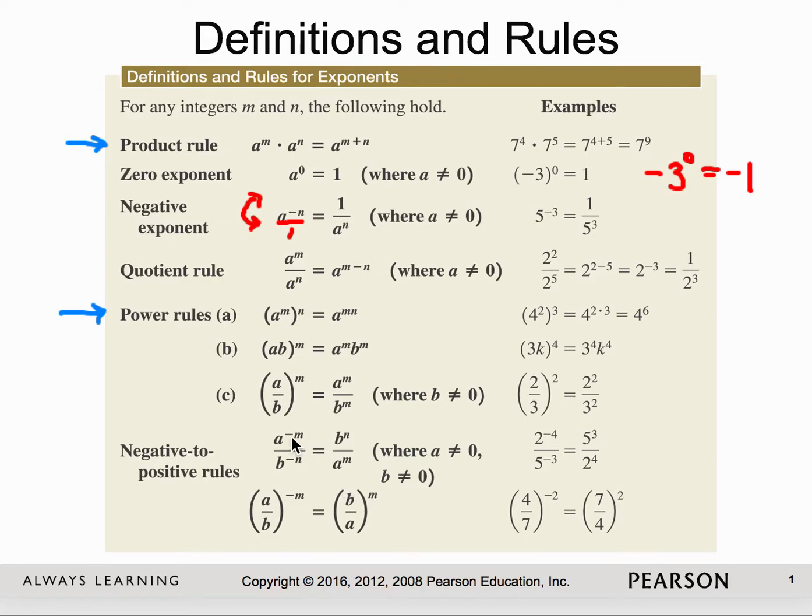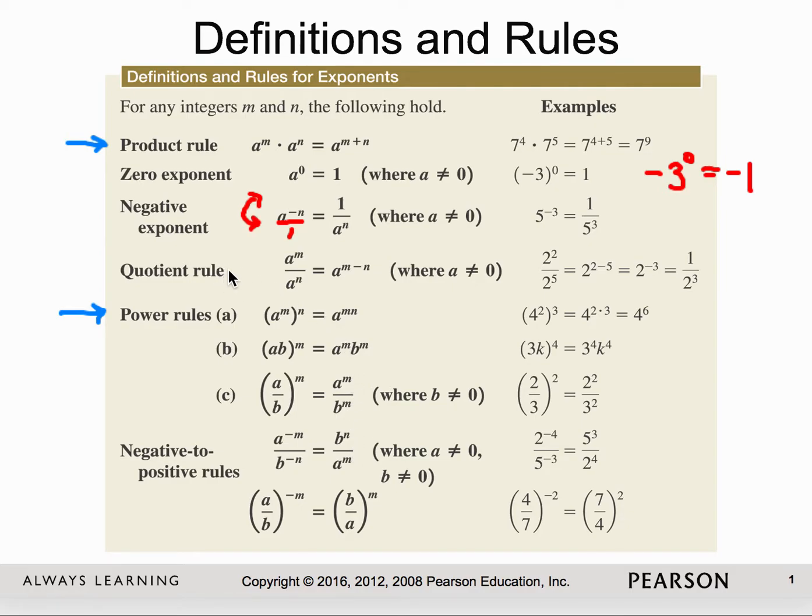If this is negative, if you move it to the bottom, it's positive. If this one's negative, it moves to the top, it's positive. To make a negative exponent positive, you simply change its place from numerator to denominator or denominator to numerator, and it applies only to the one thing it's on.